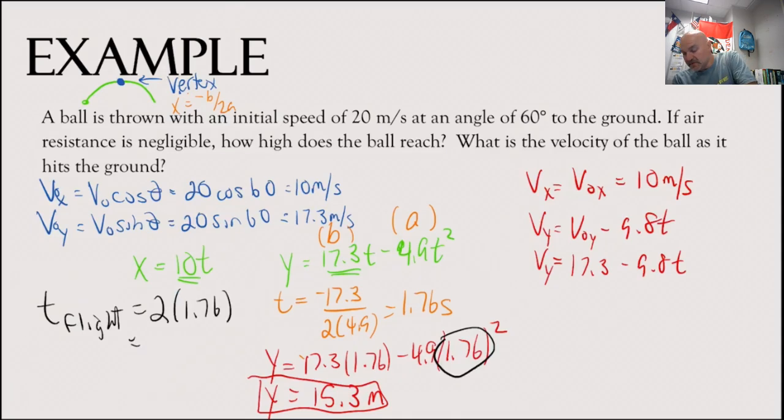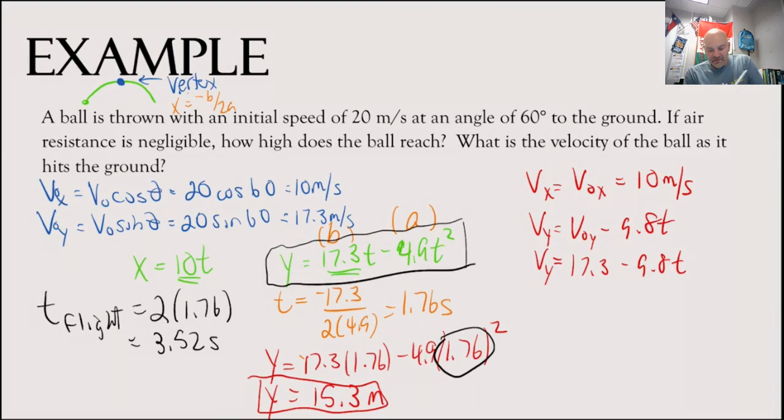So 2 times 1.76 is 3.52 seconds. The other thing you can do, if we want to use math, is find the roots of this equation. You'll find one root is 0, and the other root will be 3.52.